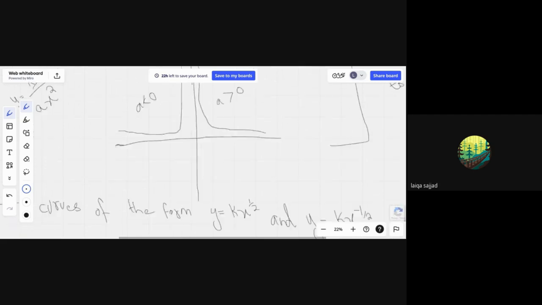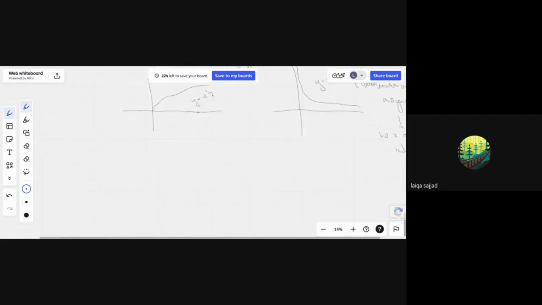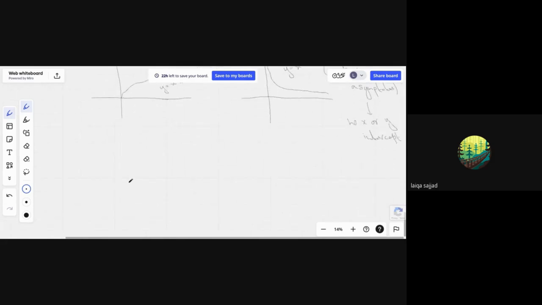If you are given an equation, for example, y equals x minus 1 into x minus 3 square, what type of graph would we draw in this case?